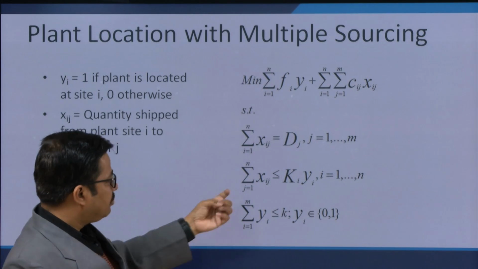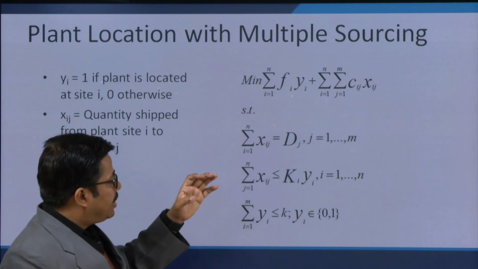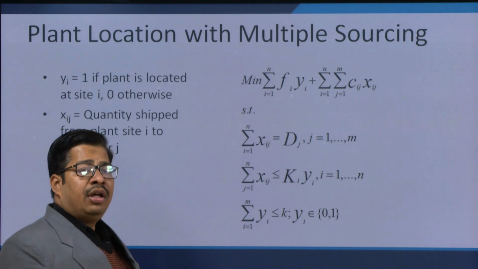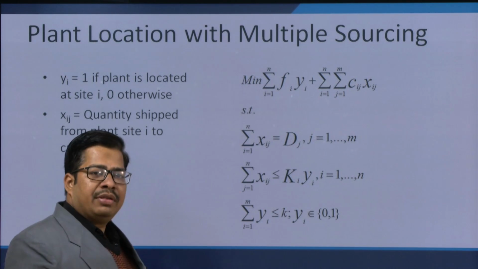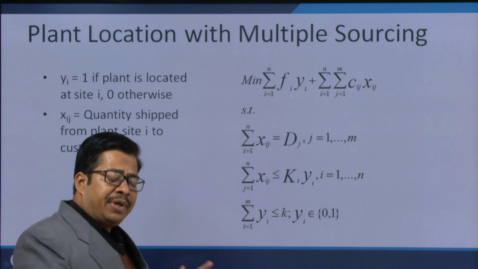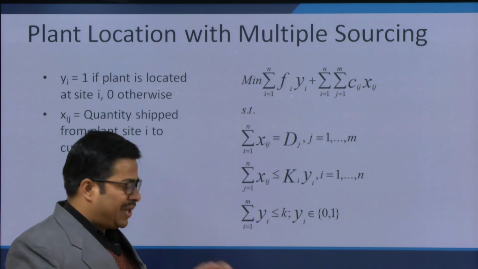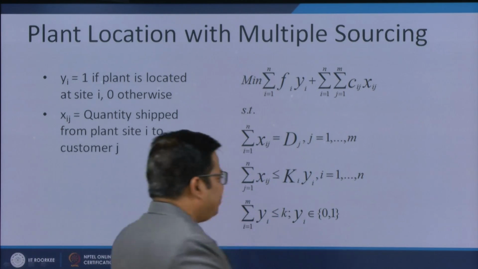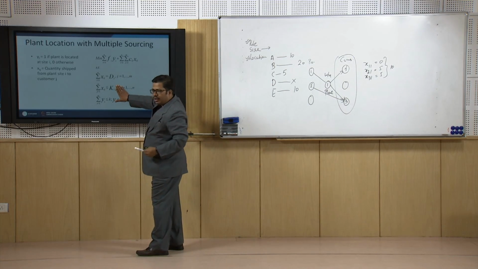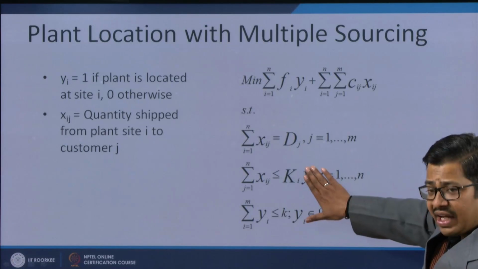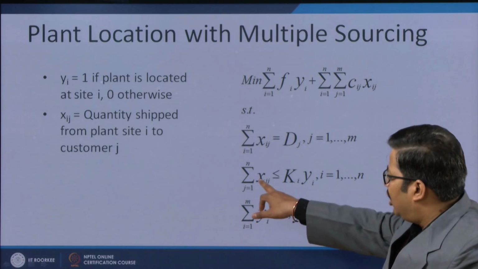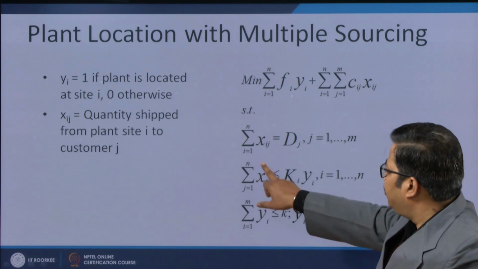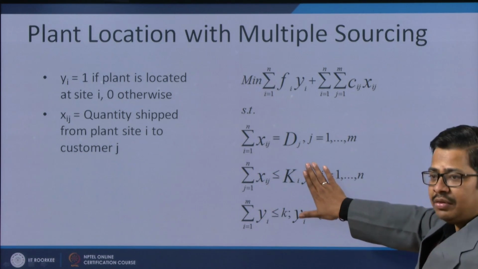The second constraint determines that you can only supply what you are producing at a particular facility, at a particular plant. Now the important thing is that in the earlier case it was only Ki: the sum of Xij from j equals 1 to n should be less than Ki.